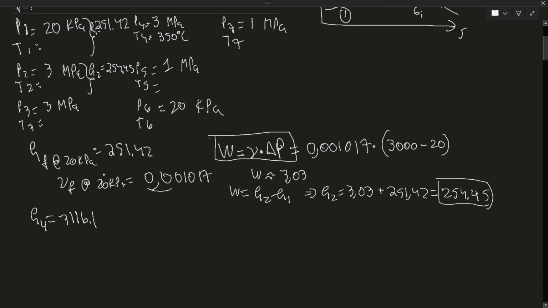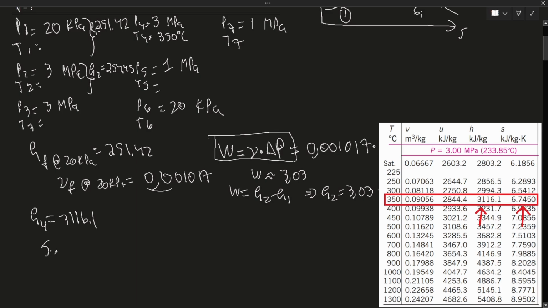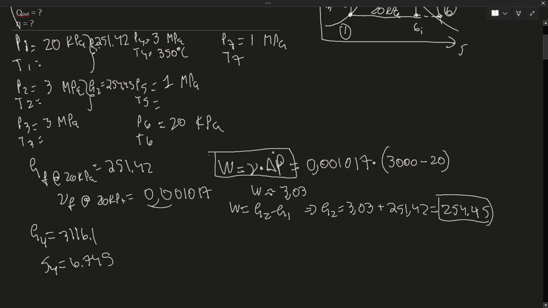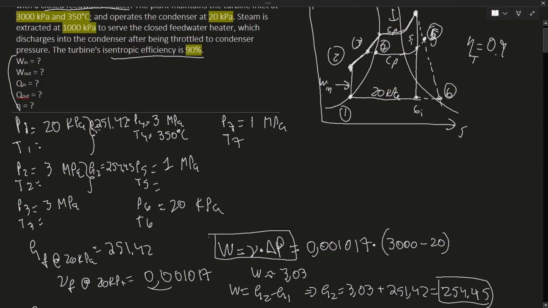So also you have to mark down your S. S4 is equal to 6.745. Okay. I'm going to write up here in our table where H4 is equal to 3116.1. All right. Now we could get started with point 5 and stuff, okay?